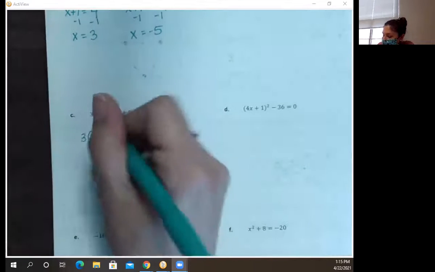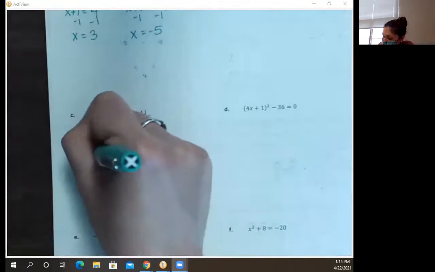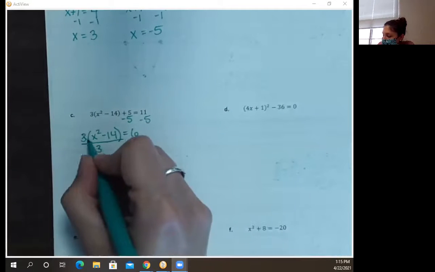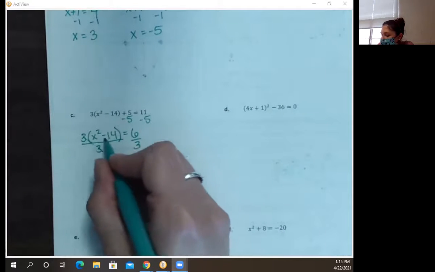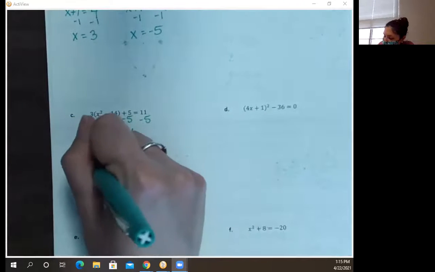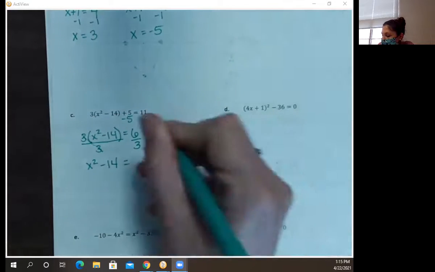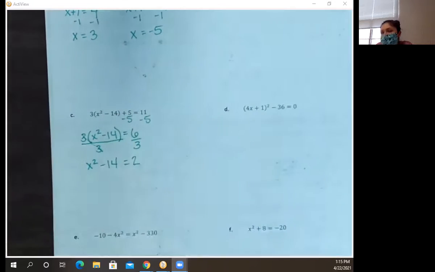And now I'm going to move this 3. Once I move this 3, I don't have a reason to put the x squared minus 14 in parentheses anymore. So I'm not going to. So x squared minus 14 equals 2.